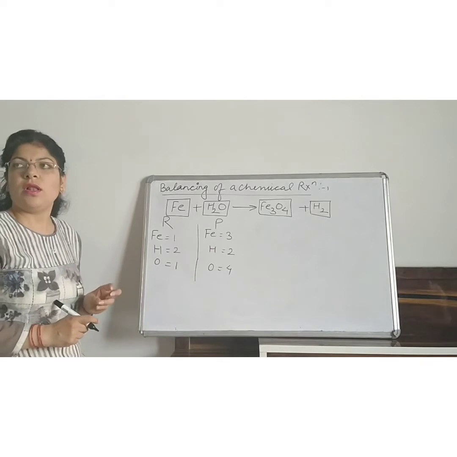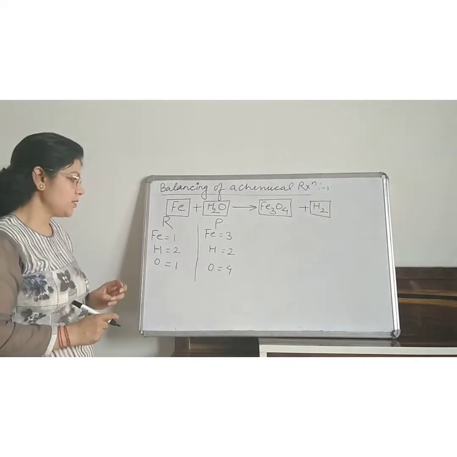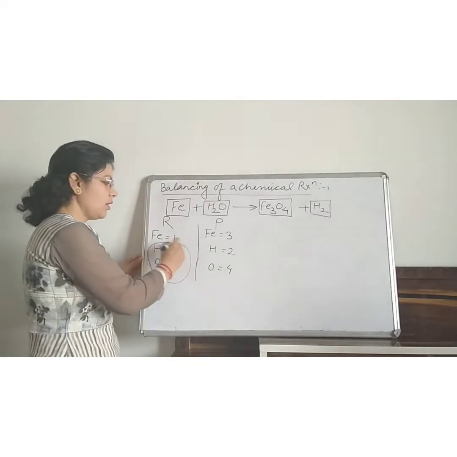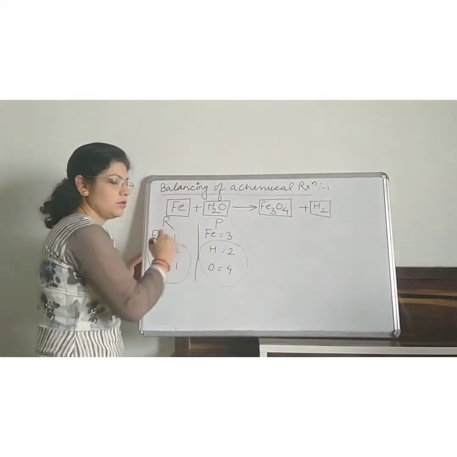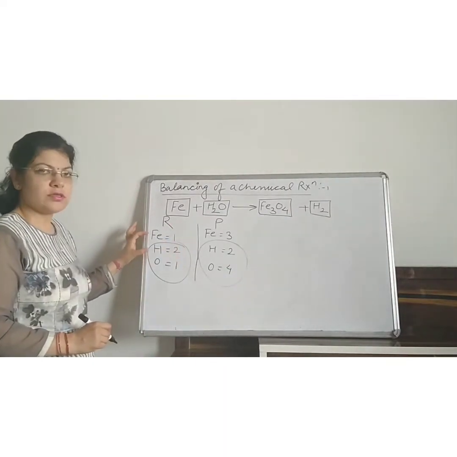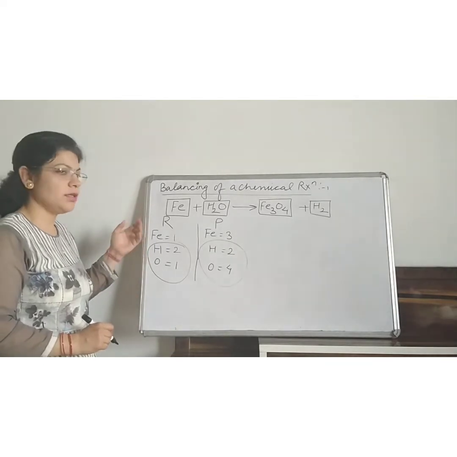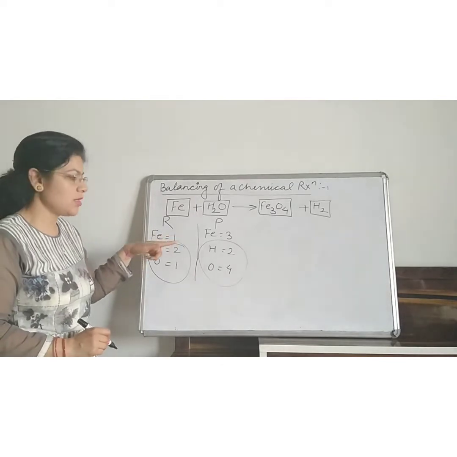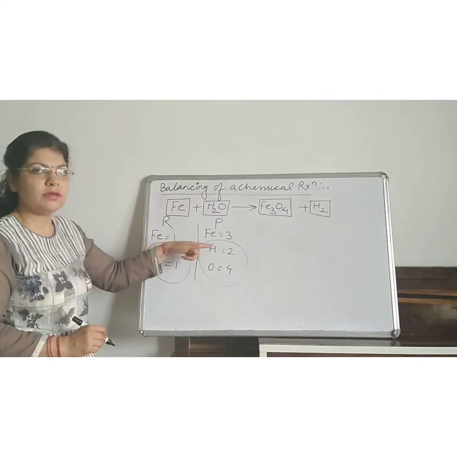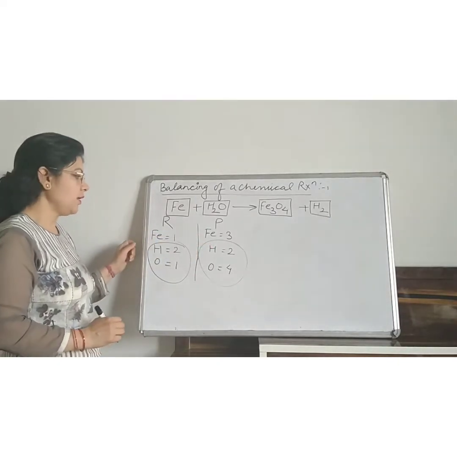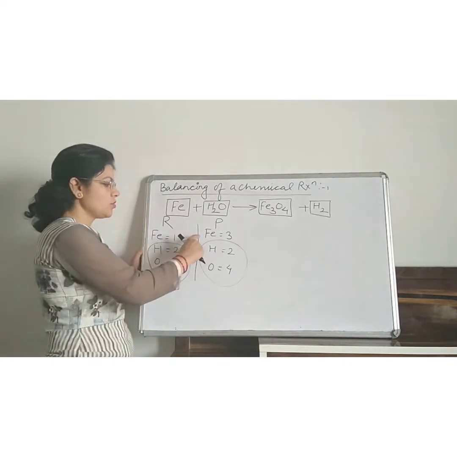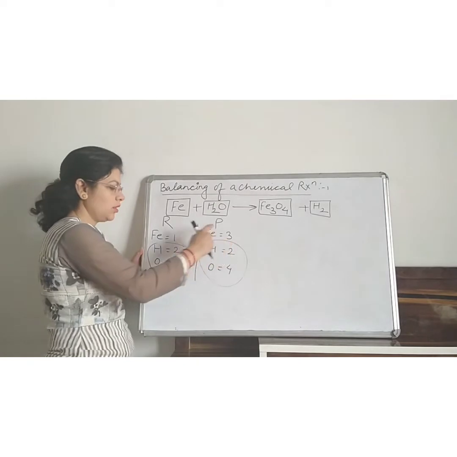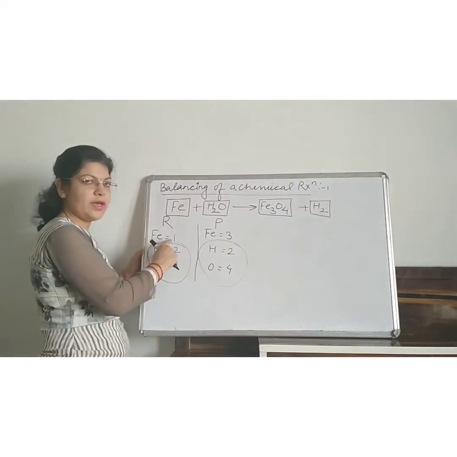First of all, we have to balance all the atoms other than oxygen and hydrogen. Leave oxygen and hydrogen and balance the other atoms. So first we balance iron. The number of iron atoms on the reactant side is 1 and on the product side is 3.